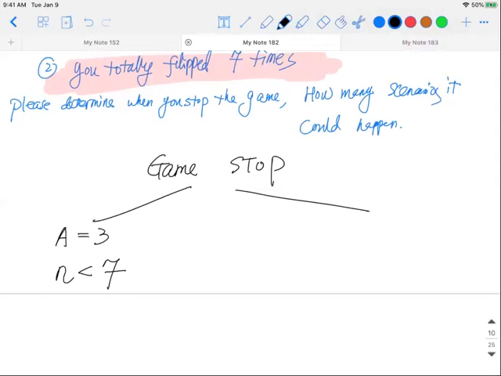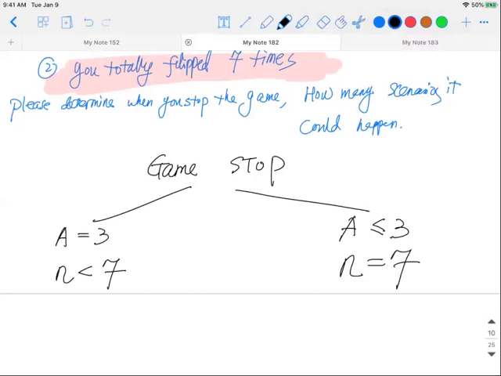Or the other scenario is A is lesser or equal to 3, but your total flipping times has already reached 7. A can be 3, A can be lesser than 3, but your total times is already 7. Is that right? This is quite understandable.